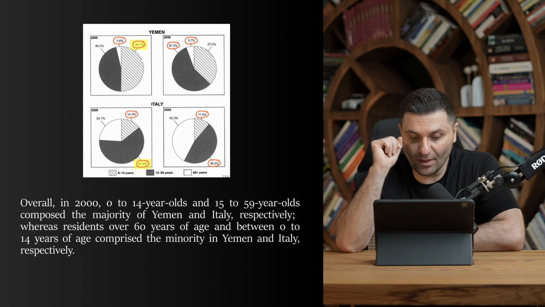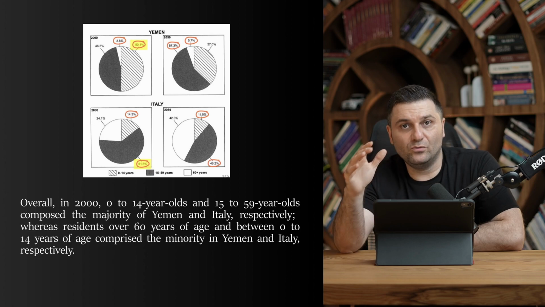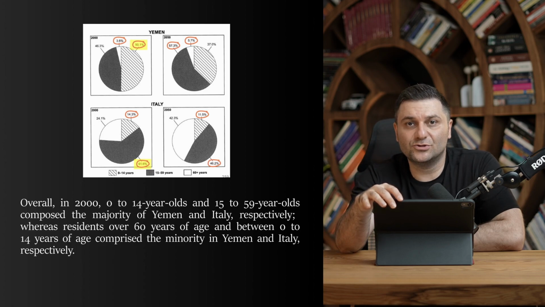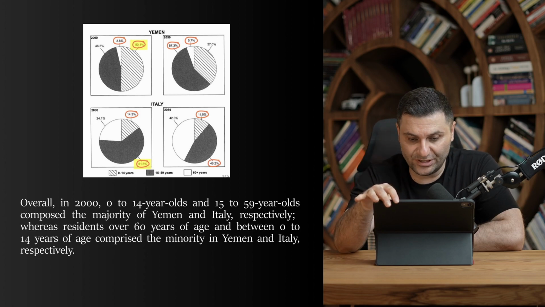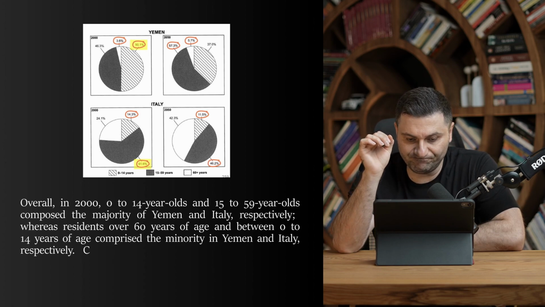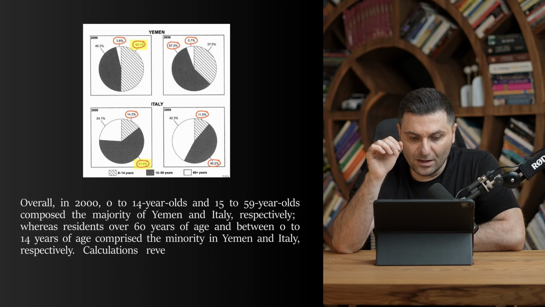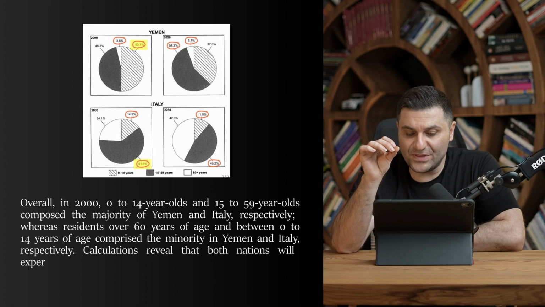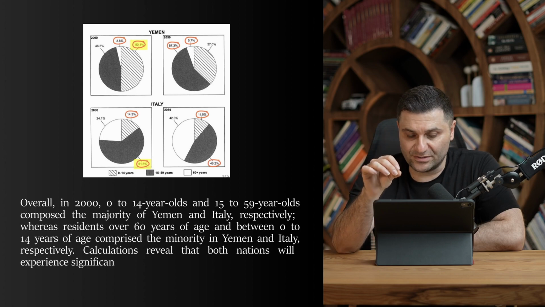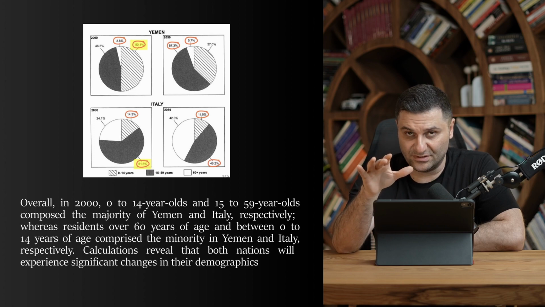Now, we should write about 2050. Again, the highest and lowest in both countries. So we can start like this. Calculations reveal that both nations will experience significant changes in their demographics by 2050.